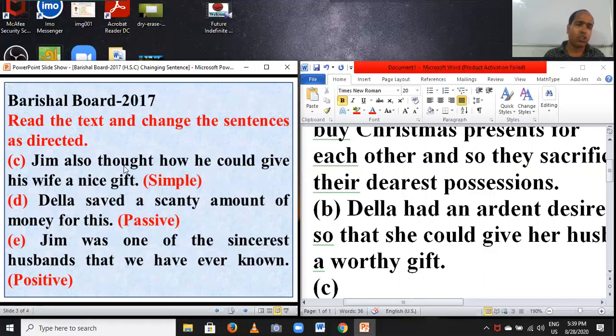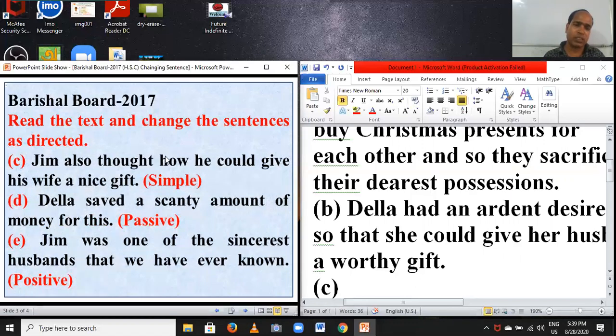"Jim also thought how he could give his wife a nice gift." Students, notice you have to change it into simple according to the question. Is this sentence simple or complex or compound? Notice how this conjunction is used: it is a complex sentence.